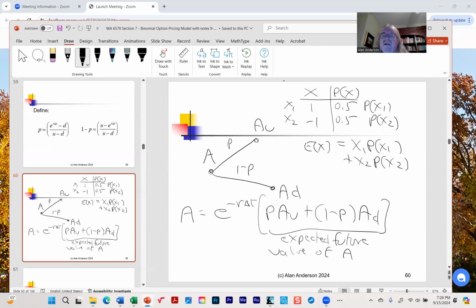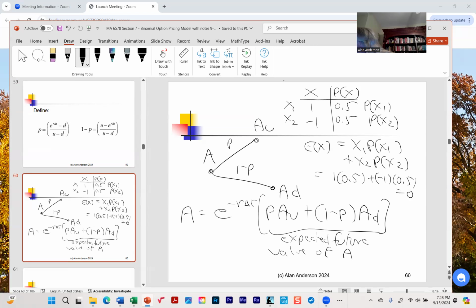The expected value, meaning the weighted average of the x's where the probabilities are the weights, is 1 times a half plus -1 times a half, which is 0.